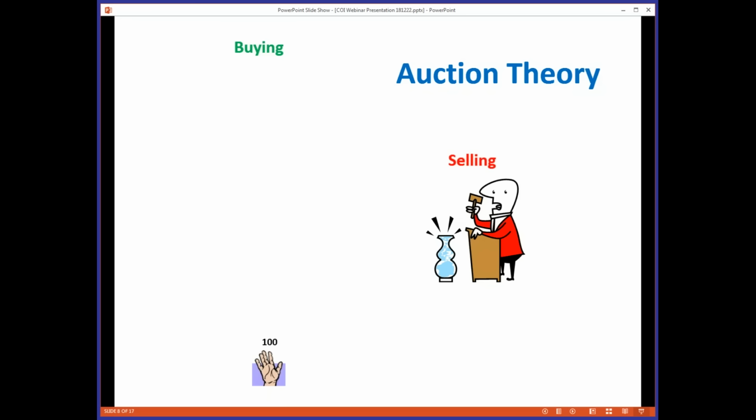When the auctioneer starts the auction, someone bids for that vase. Usually, whenever you've seen this, it starts off kind of slow, right? It takes a while to get that first bid, and then it takes a little less time for someone else to bid against the original bid, and then there's someone else, and it speeds up.